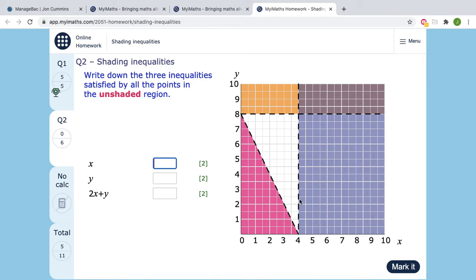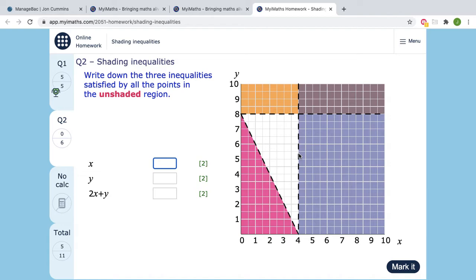So a vertical line is infinitely steep and a horizontal line isn't steep at all. So on this particular vertical line, the x value is always 4.